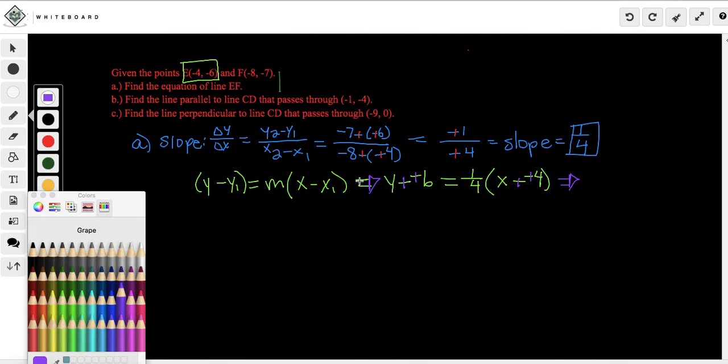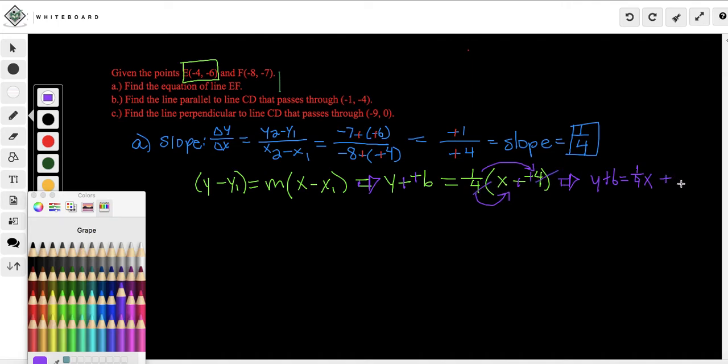So on the left side, I'm going to do a little arrow like this just so you can see, since we're working with equations, the little arrow kind of shows us instead of doing an equal sign in between the equal signs, if that makes sense. So I have y plus 6 on the left equals, and then I already changed this to plus a positive, so let's distribute this 1/4. We're going to have to distribute here and here. So we'll have on the right side 1/4 x. Then we have plus 1/4 times 4.